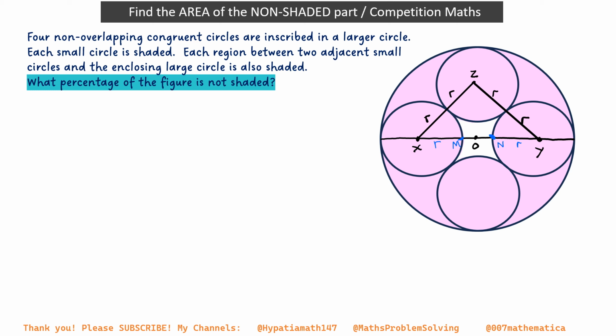Now that's the small circle. The larger circle, if I were to call it, say, AB, the radius of the large circle is capital R.